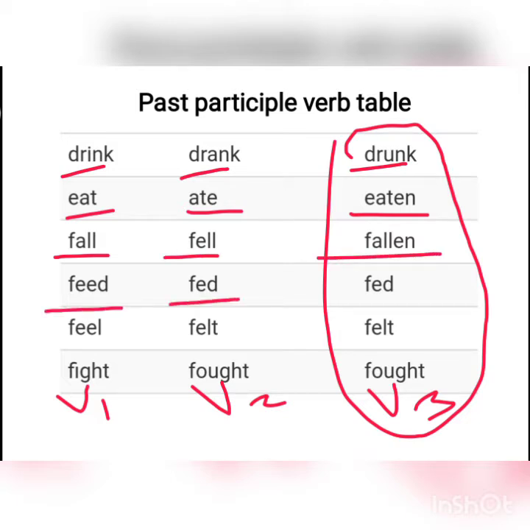Feed, fed, fed. Feel, felt, felt. Fight, fought, fought. When we convert the active voice into the passive voice, we have to use only the past participle verb form in the passive voice.